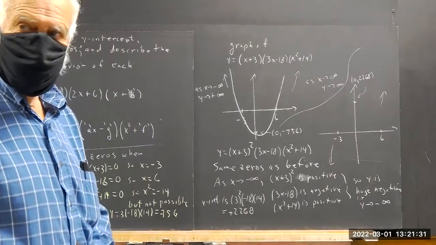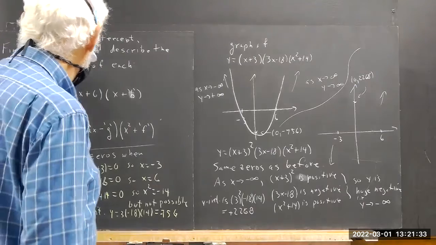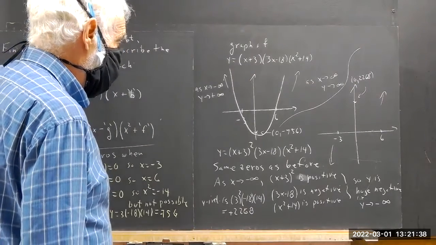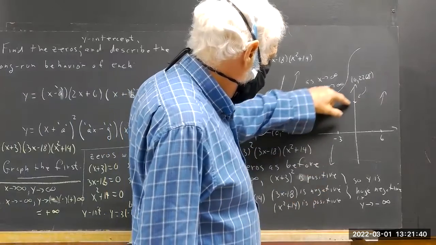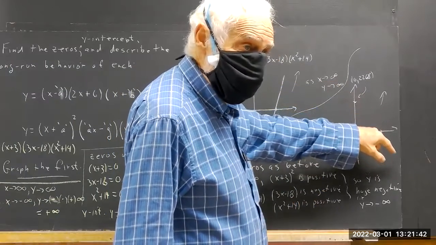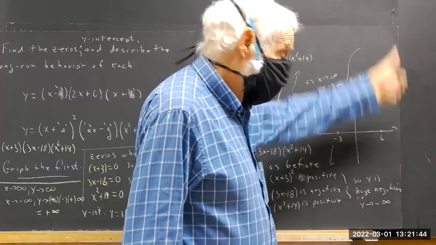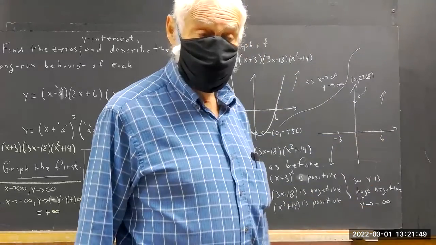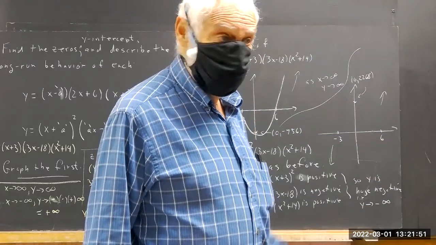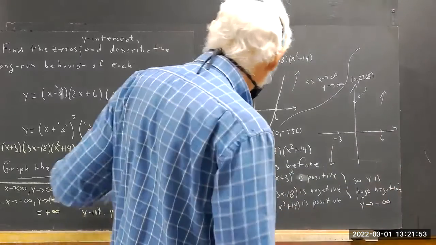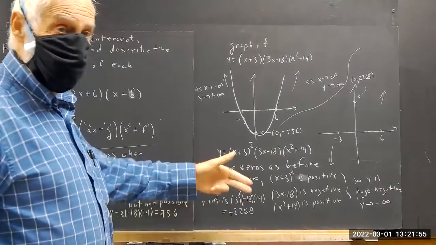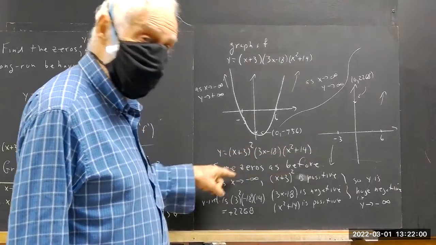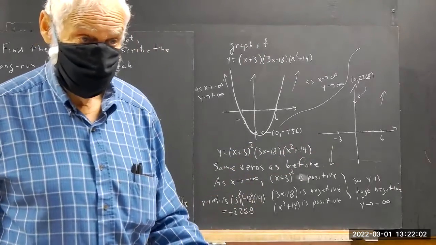Now, how are we going to make that happen? If we come up here and go through this point, come down here and go through this point, we can't get back up because we can't go through the x-axis except at the zeros. We can't add zeros. The zeros are exactly what they are. They can't be anything else. Any number except -3 or 6 is going to give us something that isn't 0.